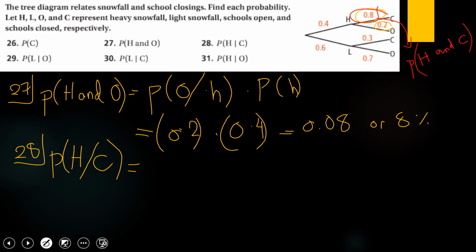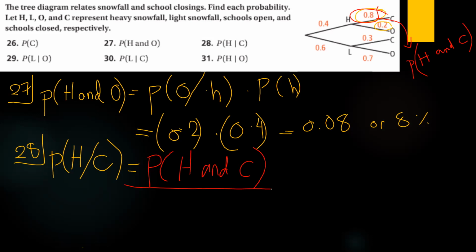But I want the probability of heavy given that closed. So it is the probability of heavy and closed over the probability of closed. Now, what is the probability that they are heavy and closed? 0.8.